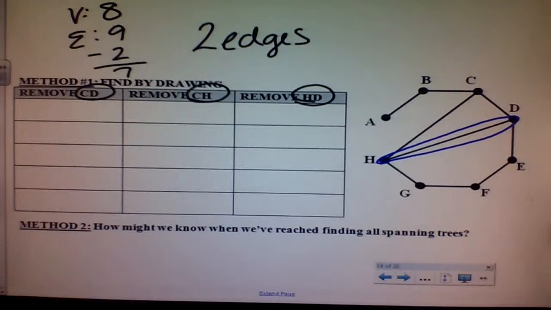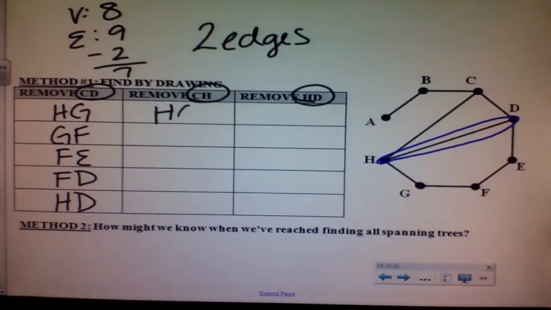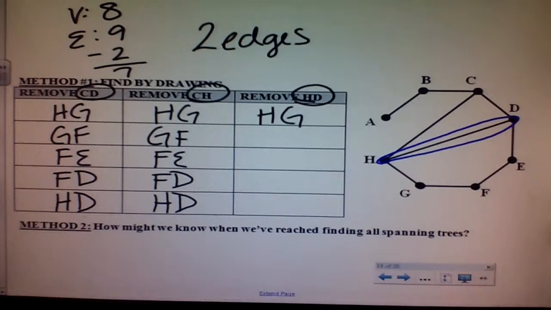But when I go to remove from my second one, I have my options of H to G, G to F, F to E, or H to D. Well, if I rewrite that here again: G to F, F to E, E to D, H to D. I'm sorry, that should be E to D, my bad.